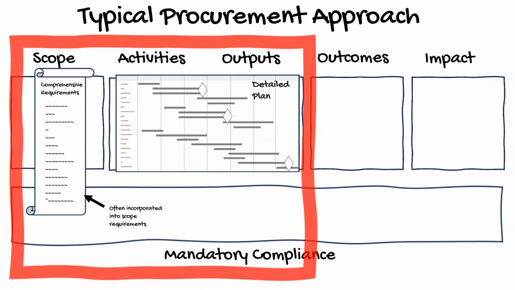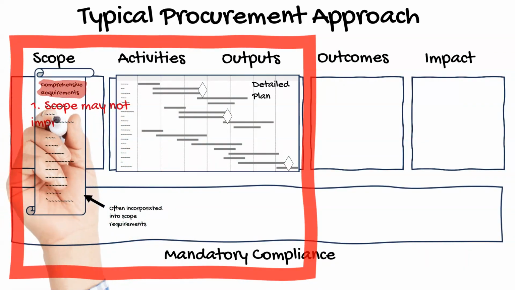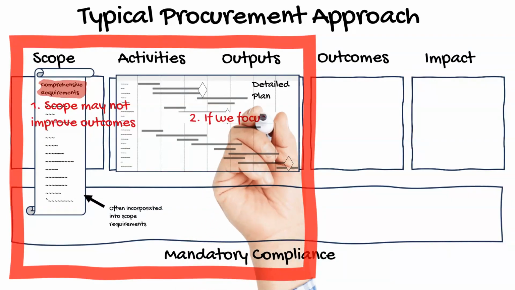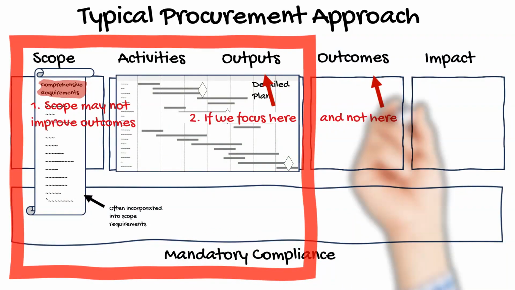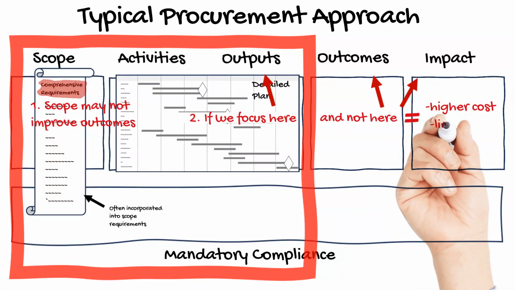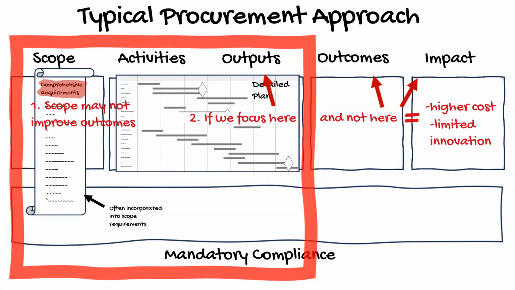There are a few consistent problems we observe with this approach. One, we can't be certain that the detailed scope requirements we create will achieve the desired outcome and impact. If not, even a perfect execution of the contract may generate a poor result. Two, a focus on the scope and predefined deliverables can limit innovation and drive up costs, potentially preventing innovative, lower-cost solutions.